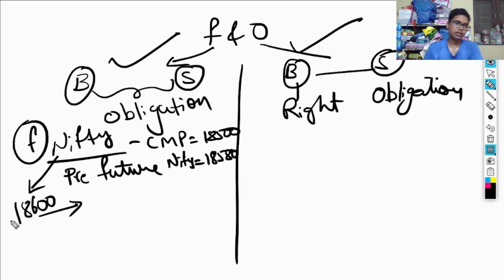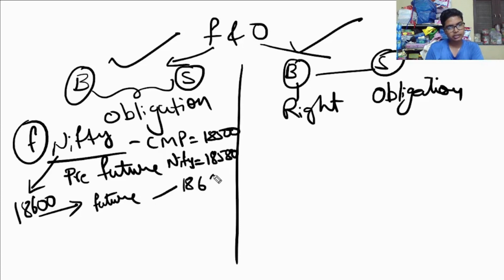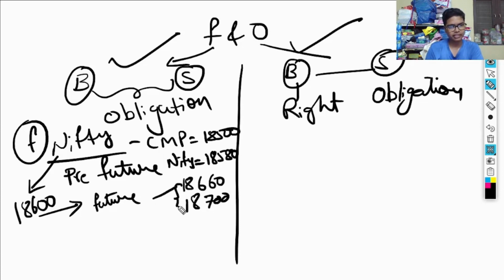In that case the futures price may move by the same amount or some different amount. Let's say the future price goes up to 18,660 or 18,700, based upon confidence and market conditions.